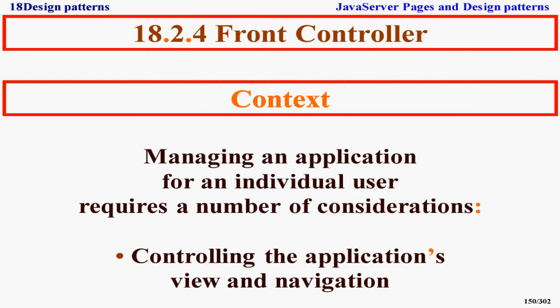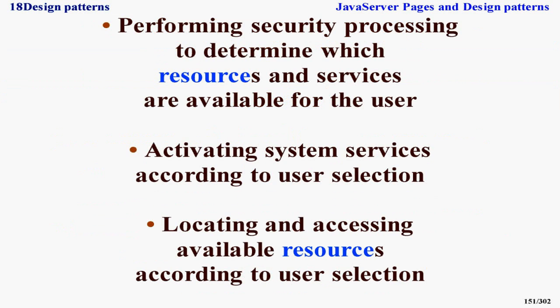2. Front controller. Context. Managing an application for an individual user requires a number of considerations: controlling the application's view and navigation, performing security processing to determine which resources and services are available for the user, activating system services according to user selection, and locating and accessing available resources according to user selection.